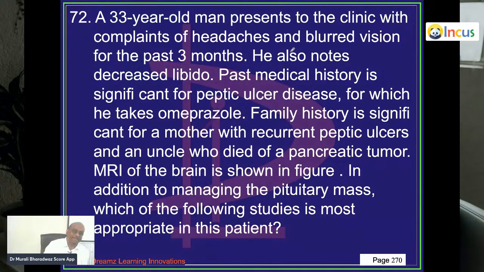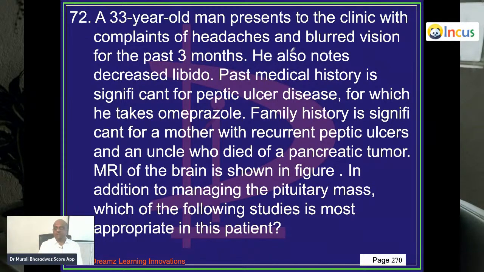What are the three things involved in MEN type 1? P, P, P. P for pancreas with gastrinoma leading to peptic ulcer. P for pituitary tumor like prolactinoma. P for parathyroids leading to hyperparathyroidism. Pituitary adenoma, parathyroid adenoma, pancreatic gastrinoma.